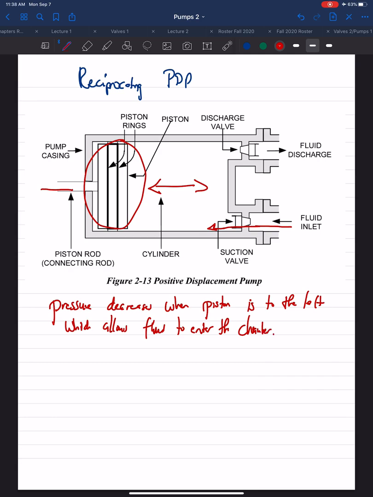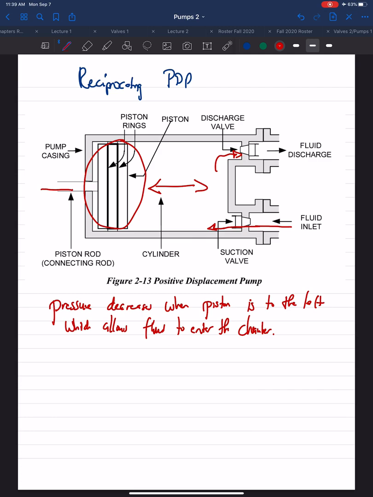Once it finishes its cycle to the back, it then goes forward, thereby pushing the fluid through the discharge or outlet valve here.